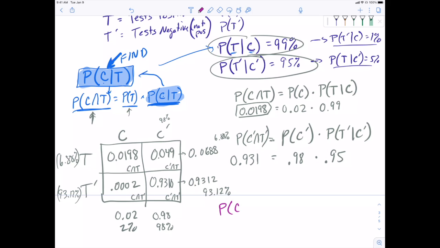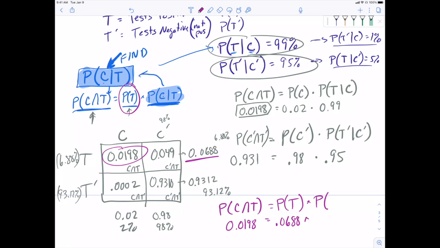Probability of C intersect T, which we know, that's this, 0.0198, equals the probability of T, which we know is now 0.0688, times the probability of having COVID given that you have a positive test.